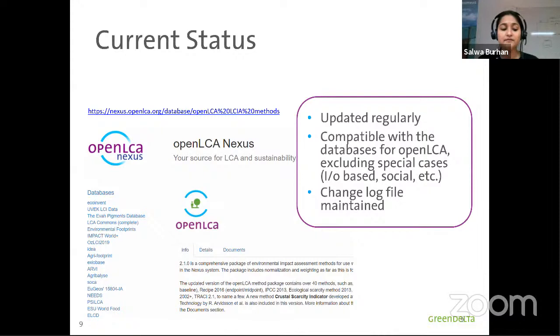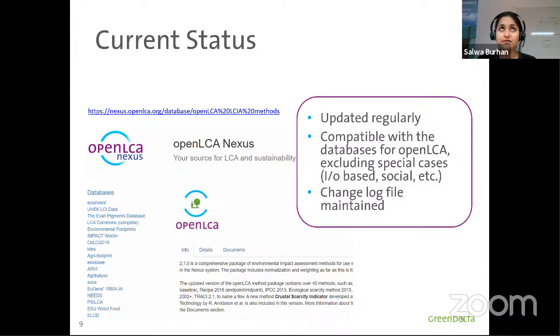And for our management of these LCIA methods, we are not, for the moment, considering the methods which come with the databases, but only our OpenLCA LCIA method package. We are also keeping a log file, which you can see in the documents section in Nexus.